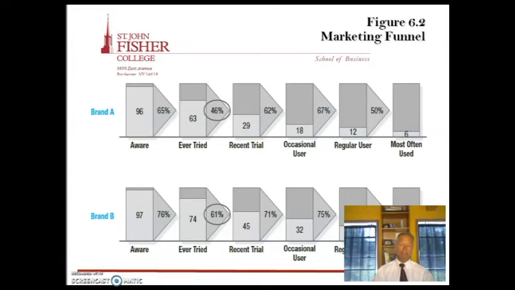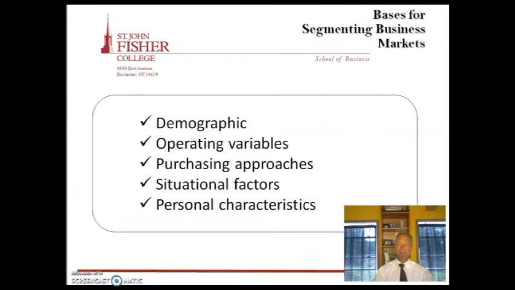In brand B, 61% have tried, and in brand A, 46% have tried, and therefore you're most often used, and you can't see this because of my image, but for brand A it is 6, and for brand B it is 15. The reason why there's double the usage in brand A than there is in brand B is because more people tried it. And that's what marketers are trying to do. We're trying to segment our market so more people try it.